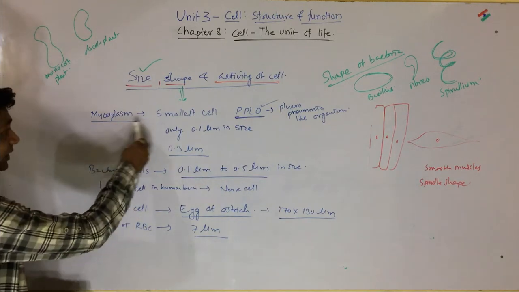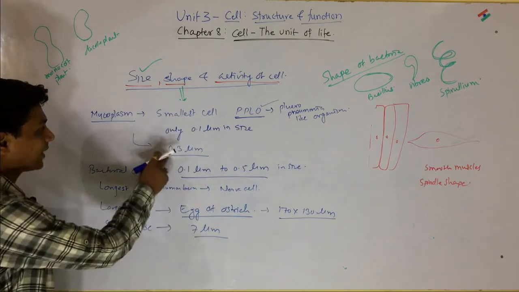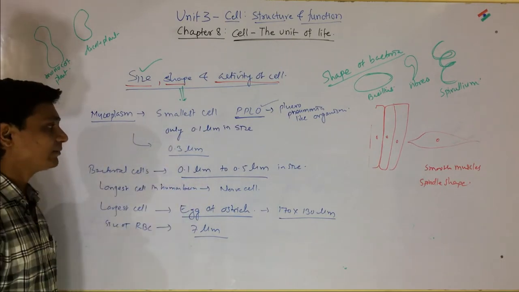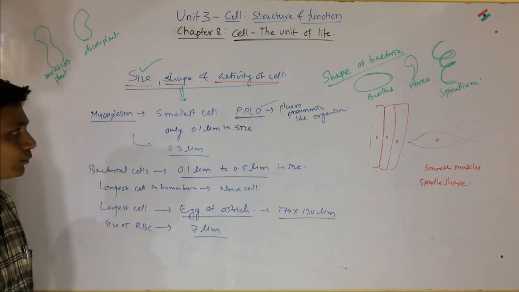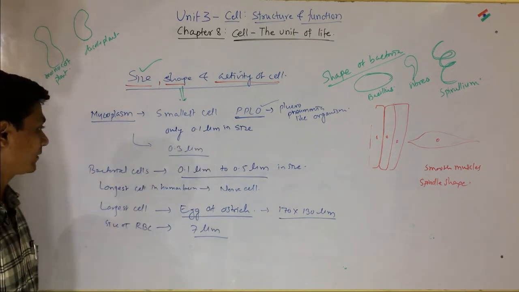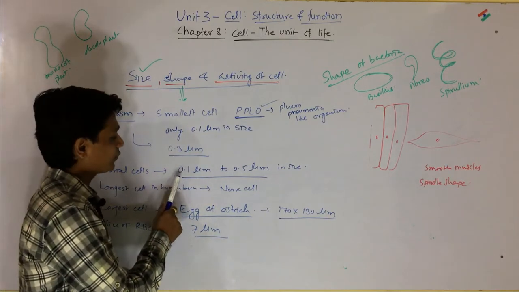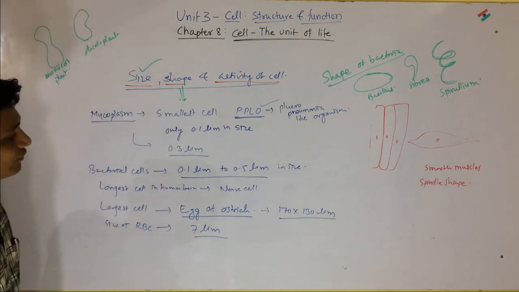So mycoplasma, the exceptional case, is the smallest cell, that is PPLO. Usually mycoplasmas have a size of 0.3 micrometer, but PPLO, pleuropneumonia-like organism, is very small, 0.1 micrometer. Bacterial cells range from 0.1 to 0.5 micrometer.